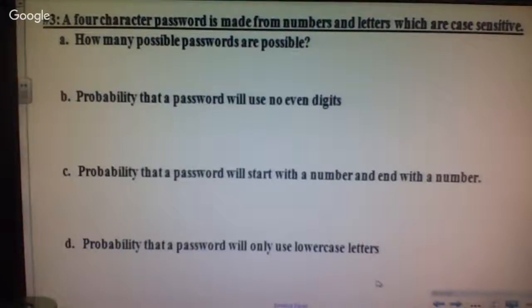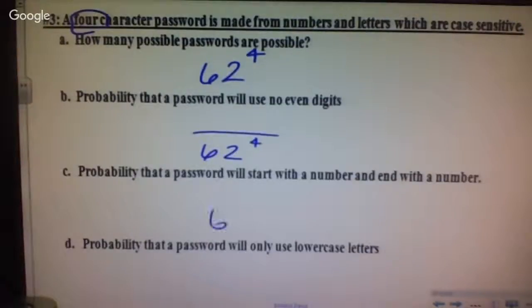How many options do I have? 62. I can put 62 different things into each part of my password. What am I raising that to? 4, because it's a 4-character password. So 62 to the 4th is the bottom of each one of my answers. That's my total.